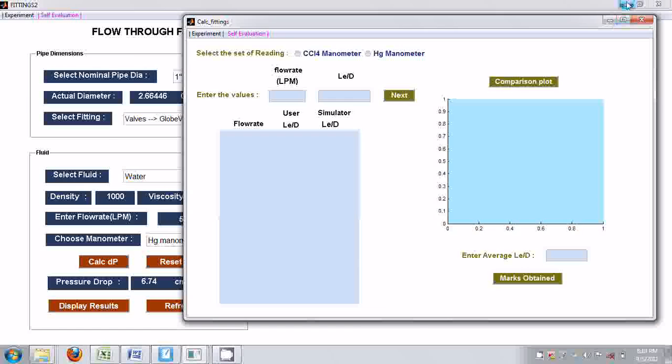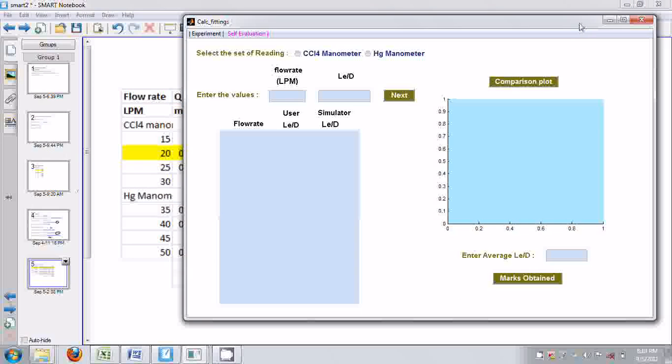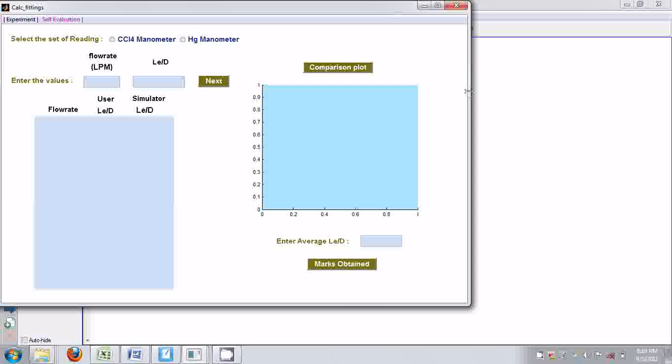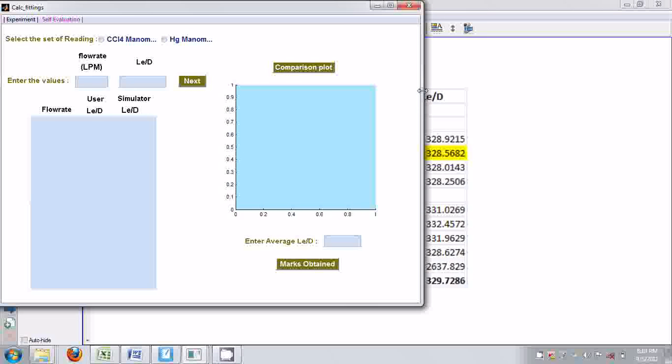This is the self-evaluation window. Select a set of readings, CCl4 manometer, enter a flow rate 15.